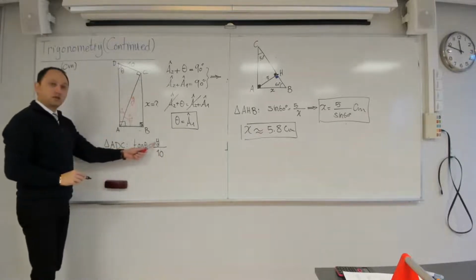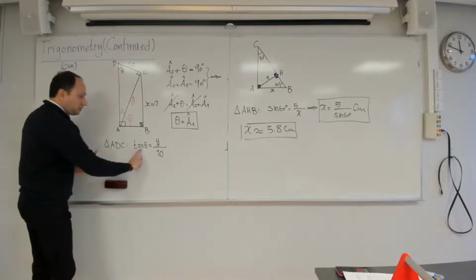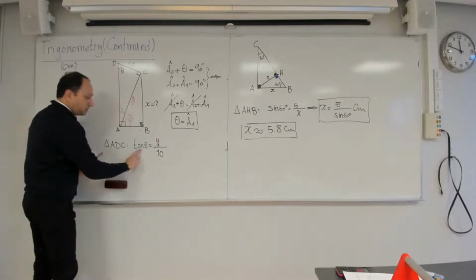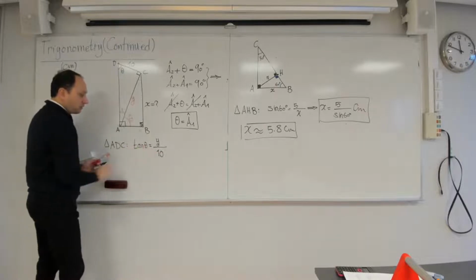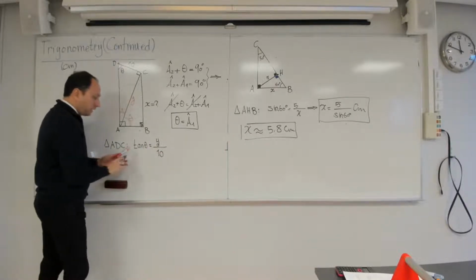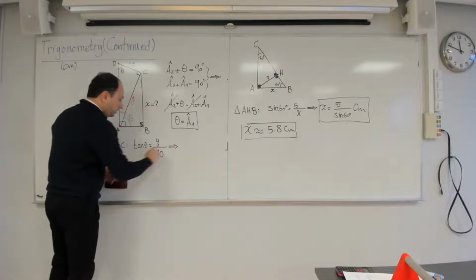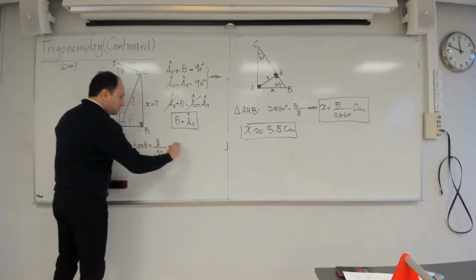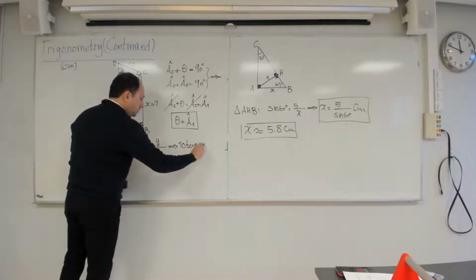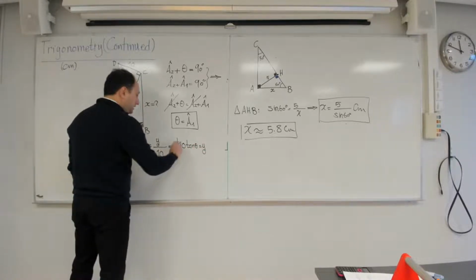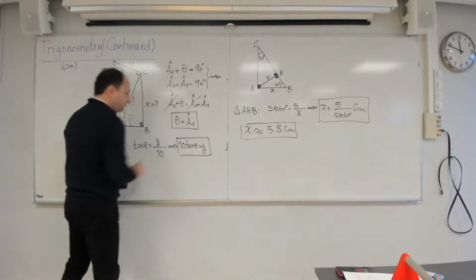I am looking for y, so I use the same trick. If I multiply both sides by 10, this becomes 10 tangent theta equals y. So this is the value for y.